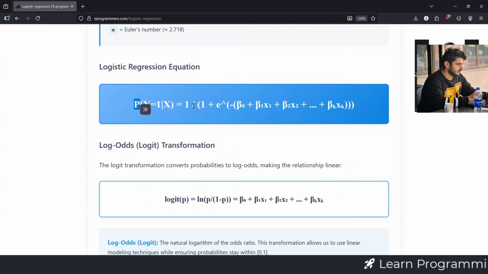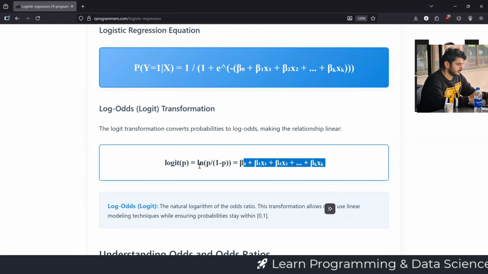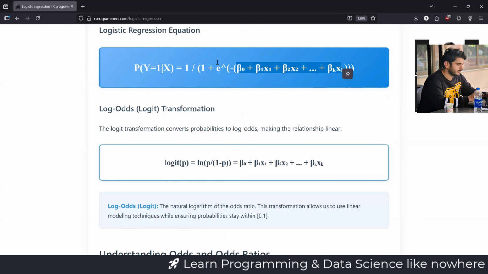Now here we have the probability of the category equal to this. If we want the coefficients in the proper format like linear regression, then on this side of the equation we will get ln of p divided by 1 minus p. Why? Because we need to apply the log on it to keep the coefficients out of the exponent.